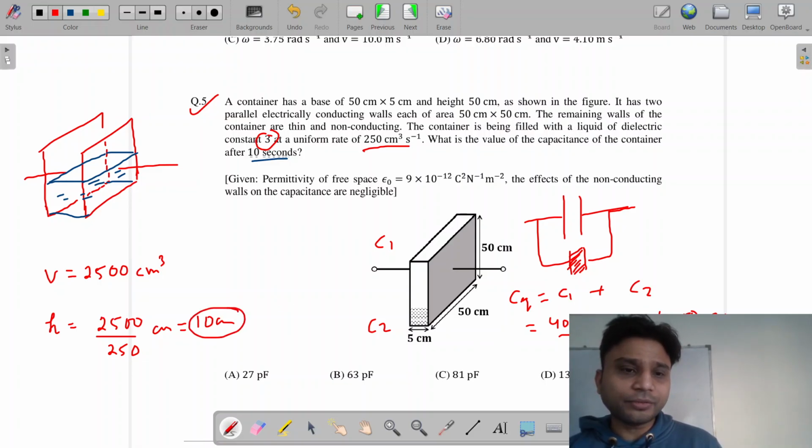We figured that out by finding the height 10, right? Now we can do some calculation. So this is 400 epsilon naught, and this is 300 epsilon naught. So this is 700 epsilon naught.